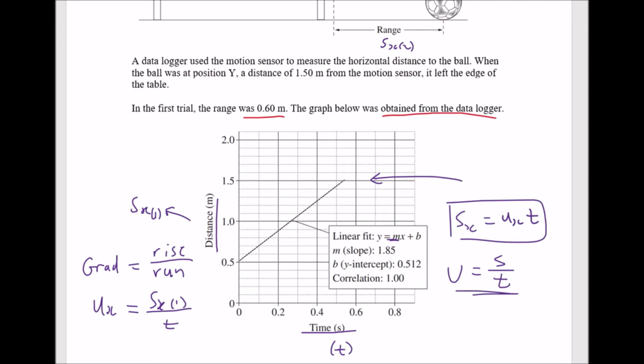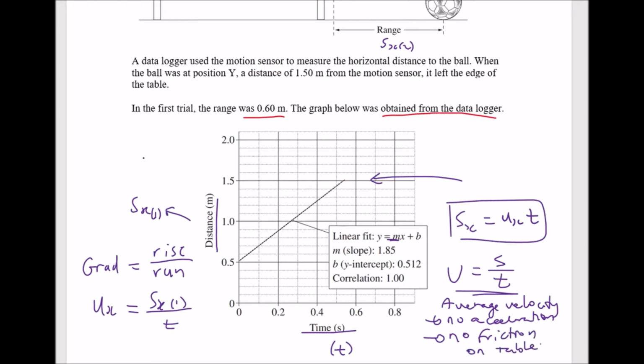Now, this is true if you have an average velocity, which means that there is no acceleration, and that there is no friction on the table, obviously. So that's a good thing.